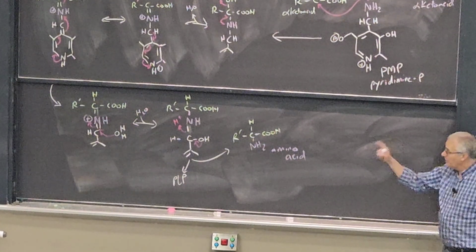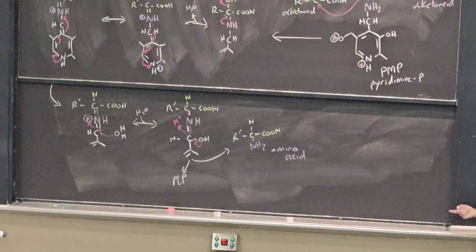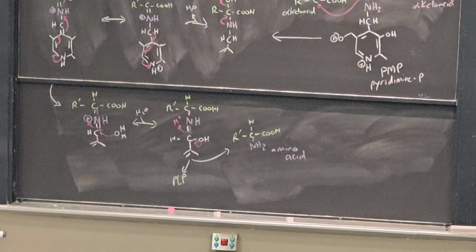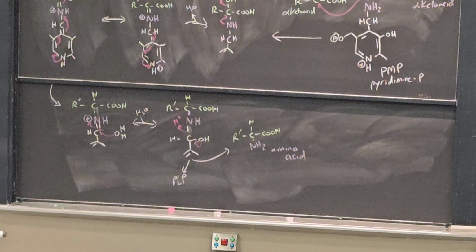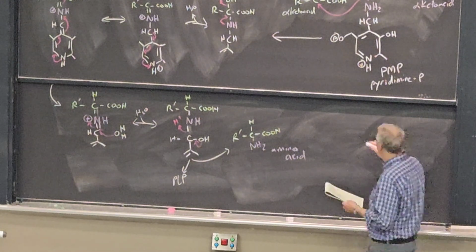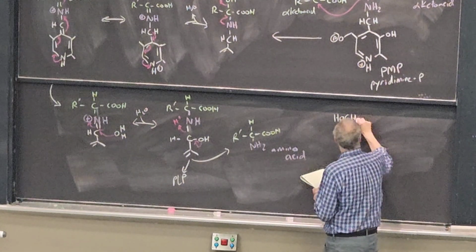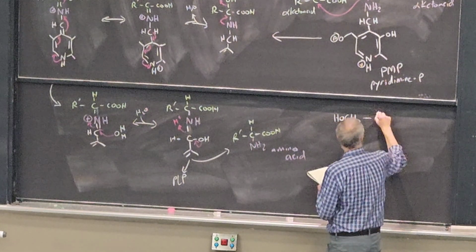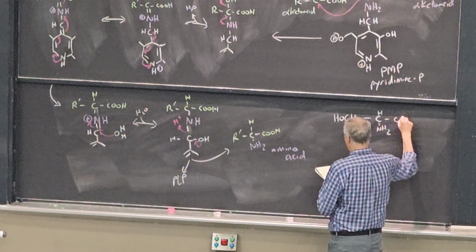Now you'll see PLP is important for other reactions. I'll show you another one PLP is used for next time, involved in serine and glycine metabolism. PLP is also required... I think I promised last time, I'm not going to go through the mechanism, we don't have time, but here's the amino acid serine. Okay, we're going to talk about serine a lot.